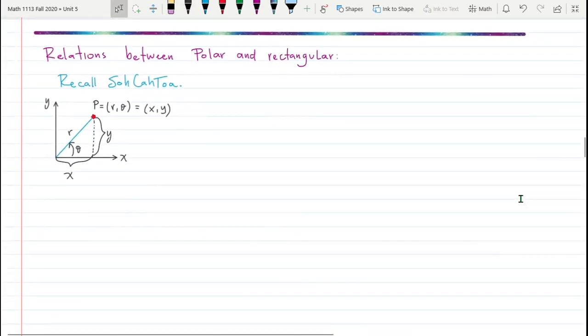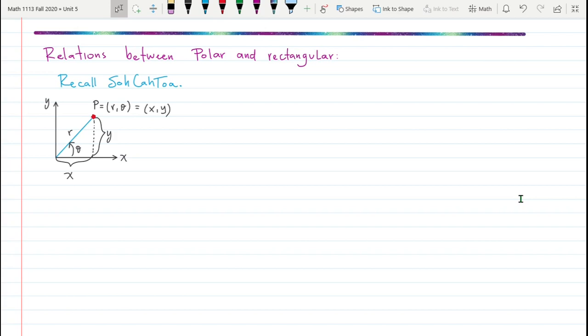Now we want to talk about what the relationships are between polar and rectangular coordinates. So we want to keep in mind some of the definitions that we know, or at least the acronym that helps us remember those definitions. SOHCAHTOA is very helpful.